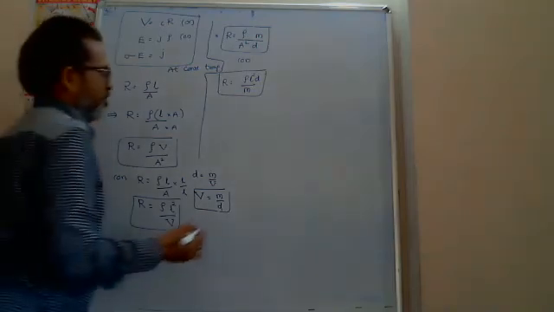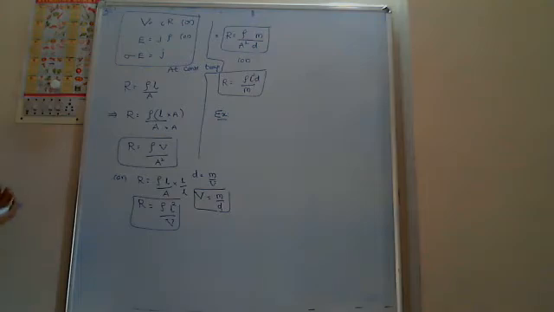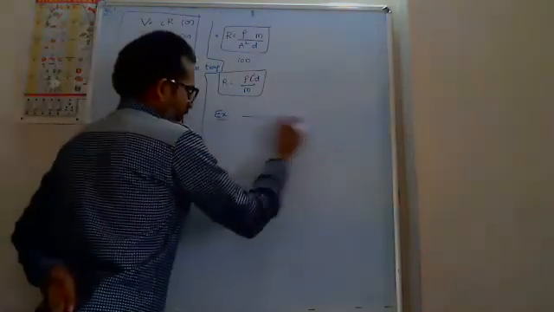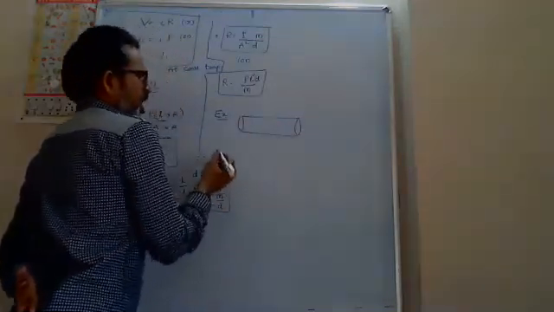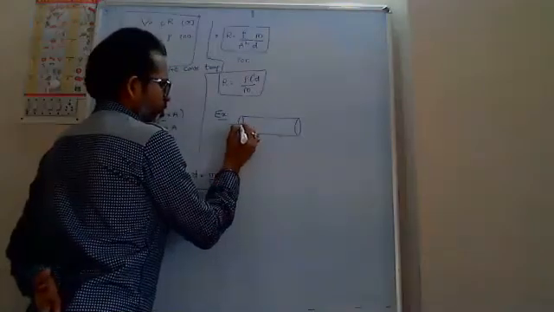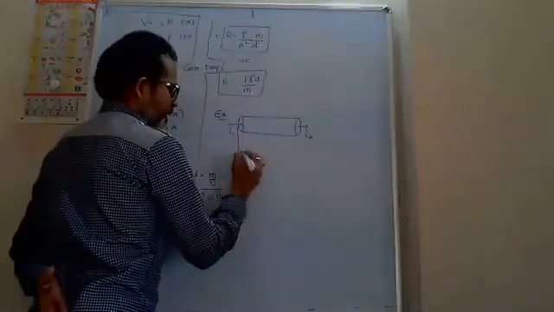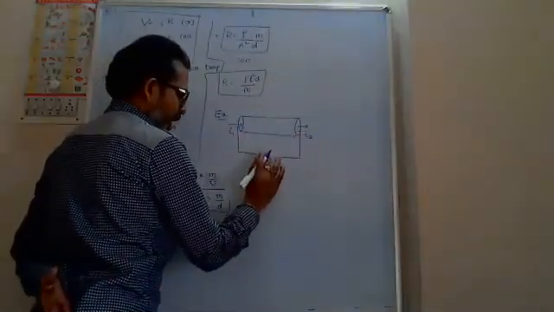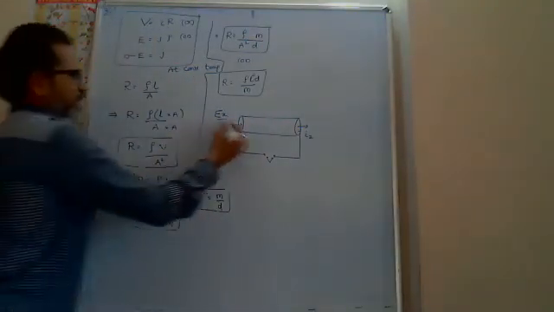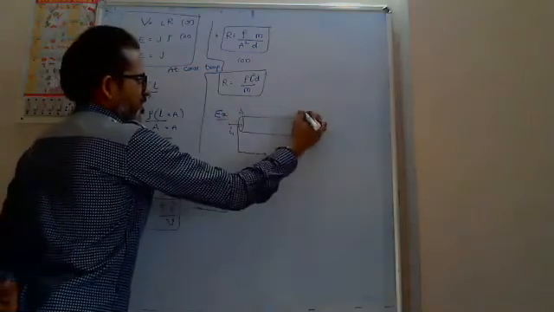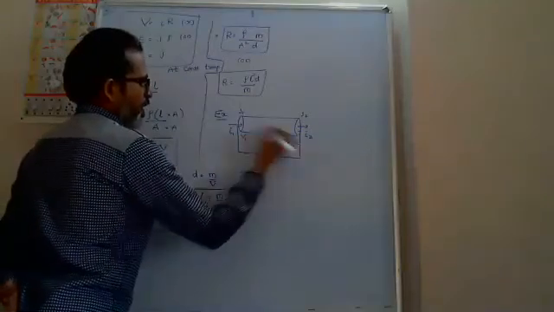If I take one numerical, one example: suppose here it is a conductor of uniform cross section, and I am finding the currents entering and leaving as I1 and I2, when it is connected to a source maintaining a constant potential difference V. And here and there I am finding the current densities J1 and J2, and the drift velocities V1 and V2.